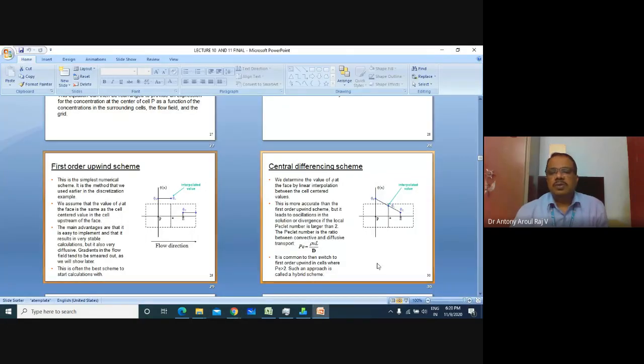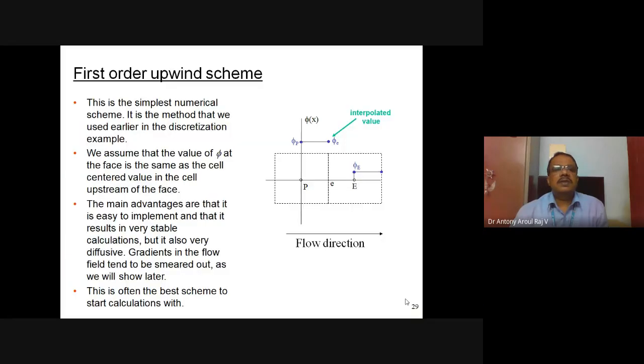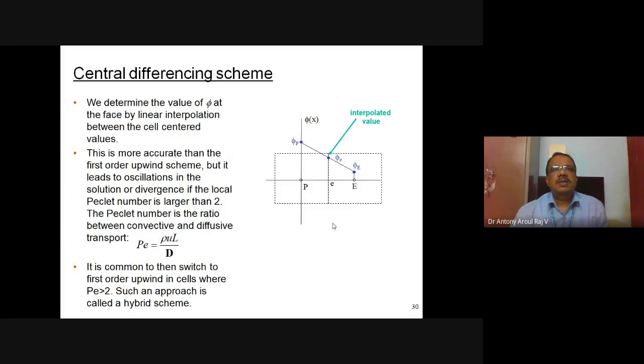We have discussed the central difference scheme and the upwind scheme. What is the central difference scheme? For convection discretization, whenever you want the face value at e, you take the average of these two: phi_P plus phi_E divided by 2.